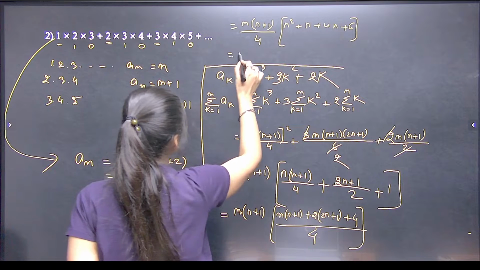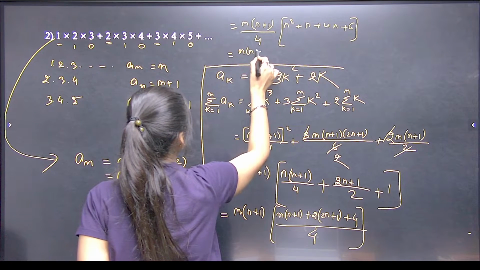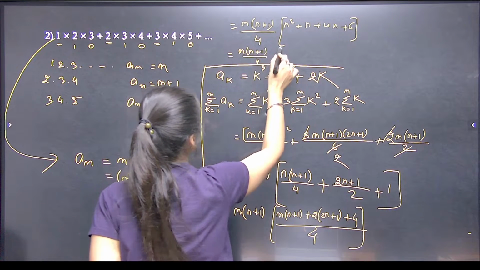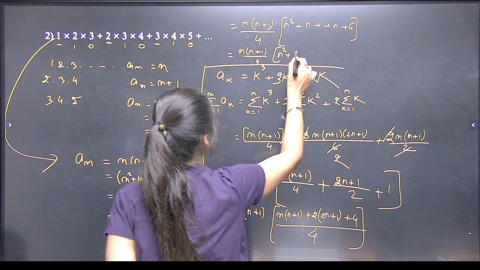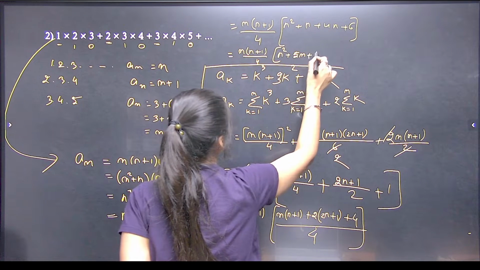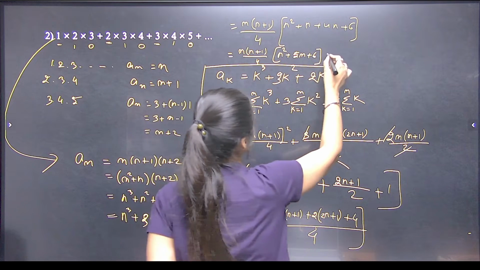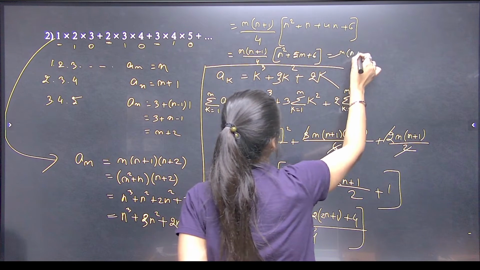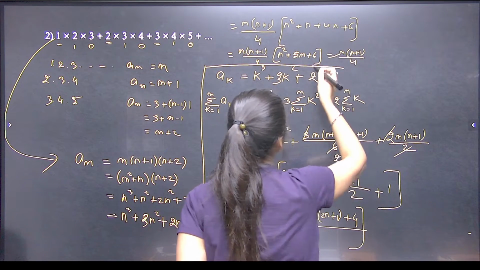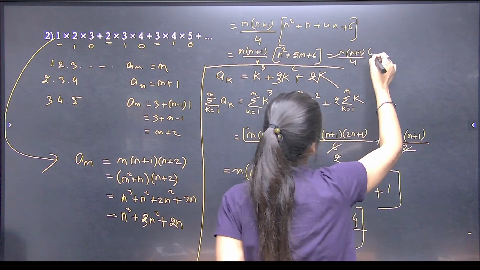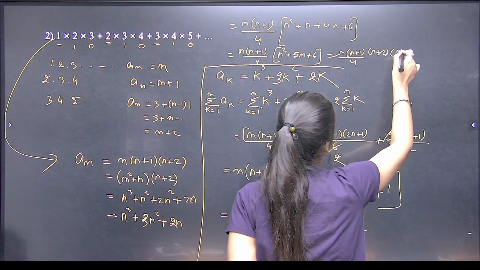Okay, now what we have to do? We have to factorize it, n plus 1 by 4 into n square plus 5n plus 6. Now if I'll factorize it, it will give n plus 2, n plus 3.